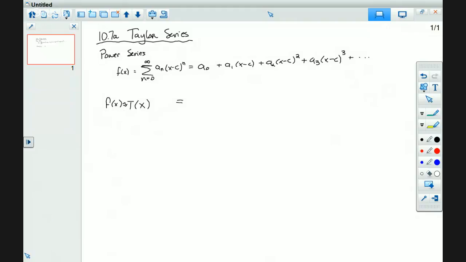Right, remember Taylor series, Taylor polynomial is an approximation, right, of f. What's this? So the first term is f at c, right, what we're centered at. What's the second term?